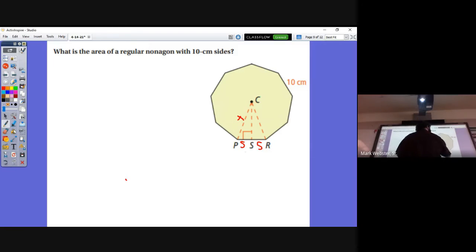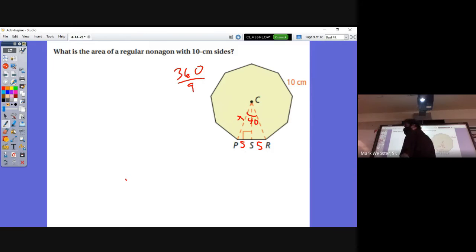So let me figure out what this angle is, and then we can figure out what the radius is really easily with trig. So look, it's a 9-sided figure, right? So the big angle is 40.